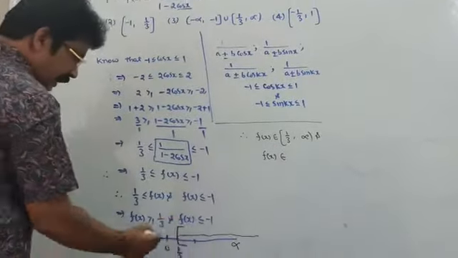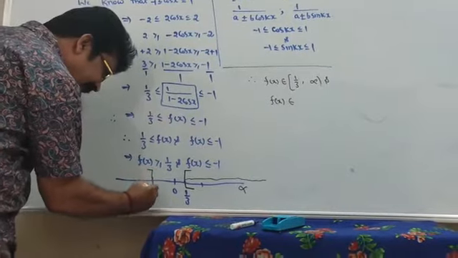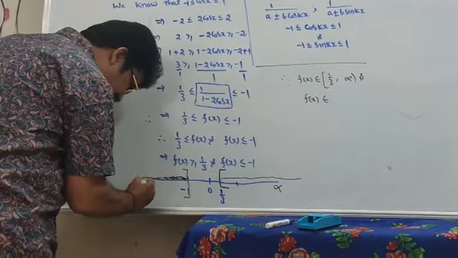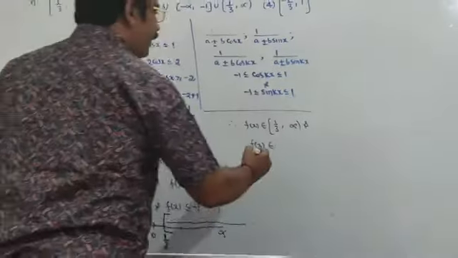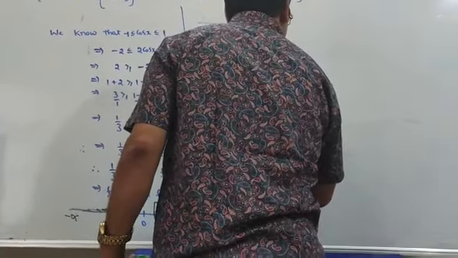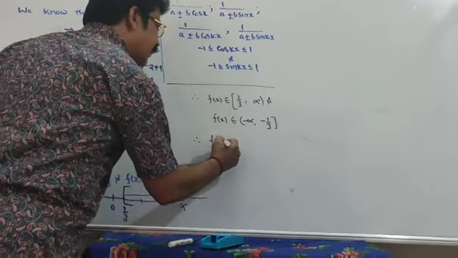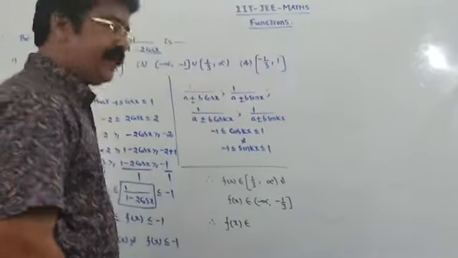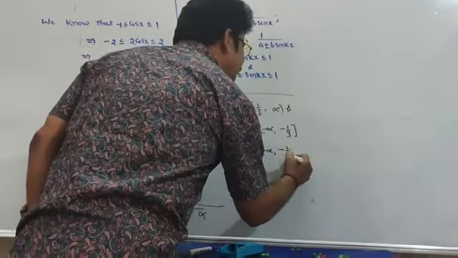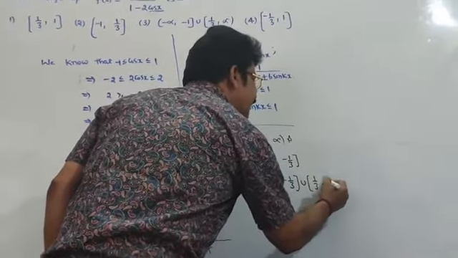And f of x belongs to this area, less than or equal to -1. So this is -1, and less than or equal to means this area, up to minus infinity. So f of x belongs to minus infinity comma -1 closed. Therefore ultimately our combined solution is f of x belongs to the open interval of minus infinity, -1 closed, union closed 1 by 3, infinity.